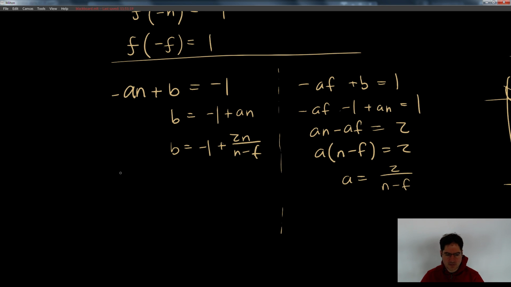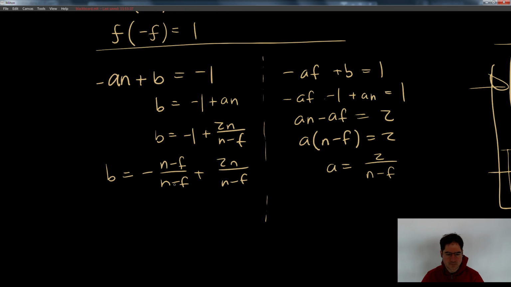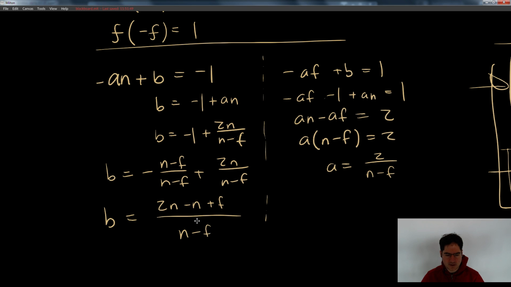And again, let's combine the terms there just to see what happens. We get negative n minus f over n minus f plus 2n over n minus f. If we combine these two terms, we get 2n minus n plus f, because the negative distributes here, all over n minus f.